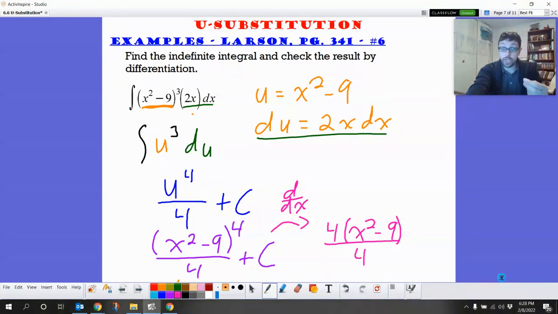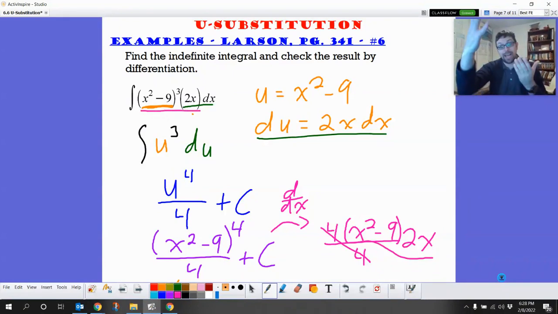And then we would have to chain rule that problem because we would do the derivative of the inside. So the c would drop out. Do the derivative of the inside, that's 2x. Our 4's cancel, and oh, look, that sure looks familiar. So it did work out. Again, the c, we would take the derivative of it, but it would just be 0.